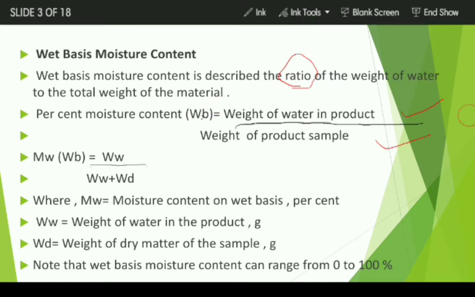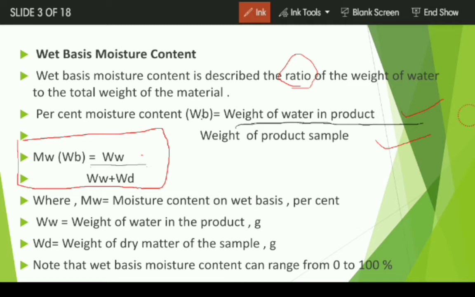In terms of formula, it is represented as MW (wet basis) is equal to WW upon WW plus WD.